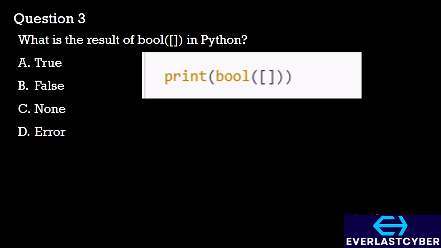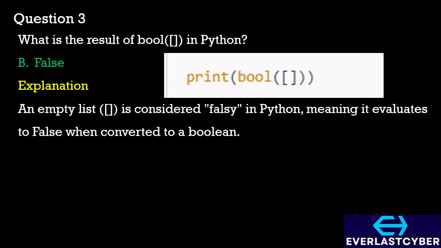Options C and D would also be incorrect because in option C, what we have on the screen would not return None because it evaluates to a boolean value. And in option D, there is no error in evaluating what we have on the screen. So our answer here is option B.